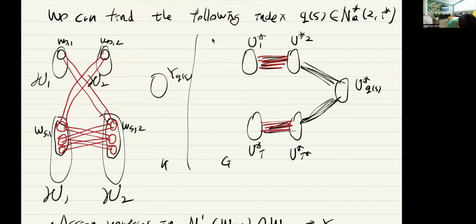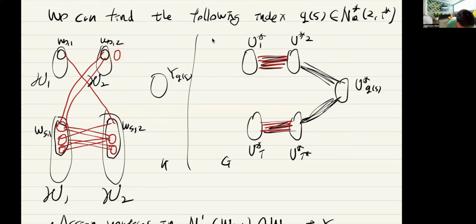So here, these are these vertices. So we move these vertices and we will assign it somewhere here as a part of Y.